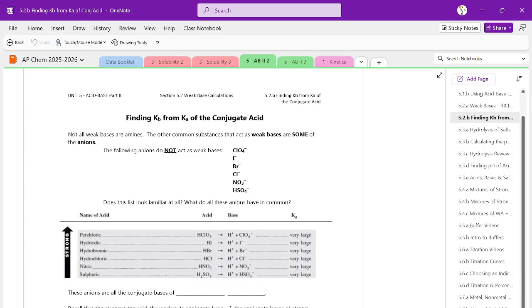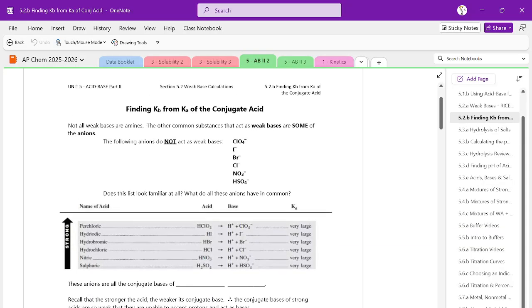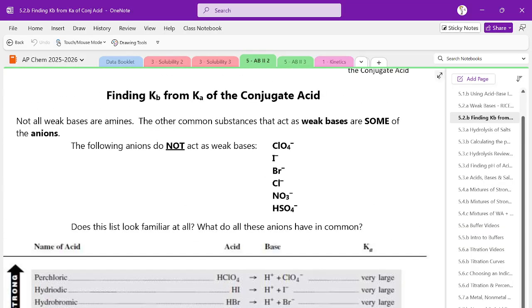I'm so happy it's at the bottom. What page did I say we were on? 30, page 30.